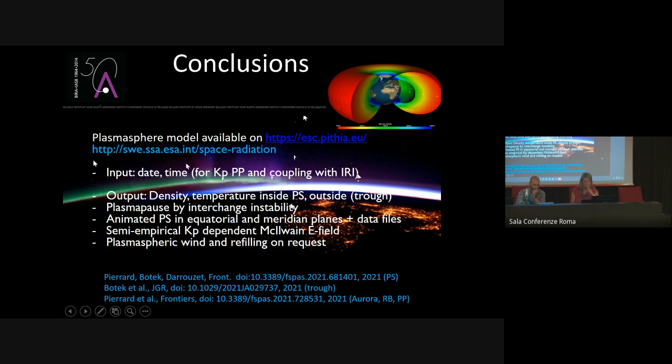Outside the plasmasphere is the trough, and in the new version it will be based on the observations of the Van Allen Probes data. It provides not only the density, but the temperature is also available on request, because on the PITHIA website you have only the number density.